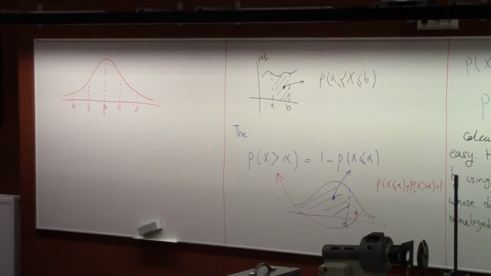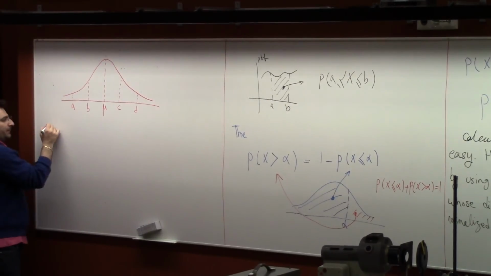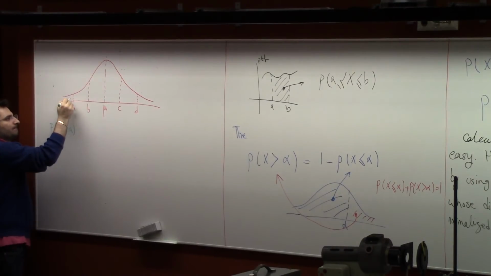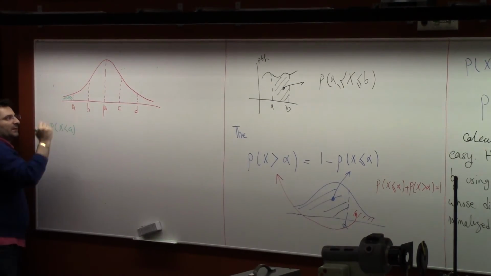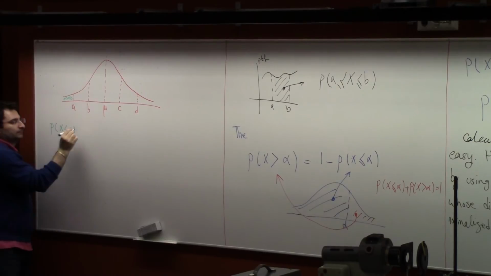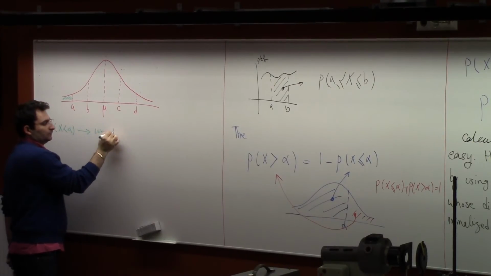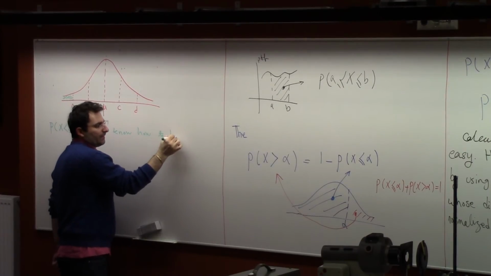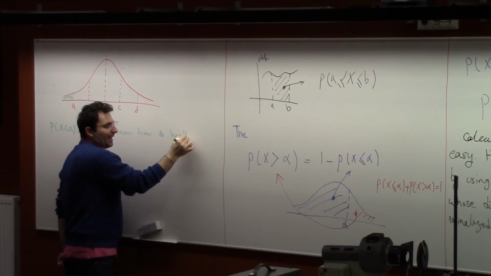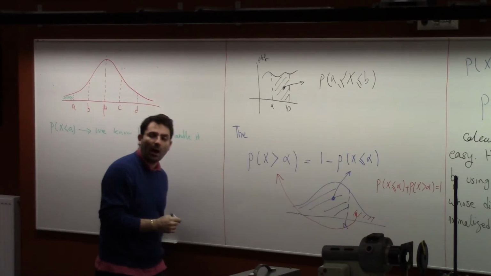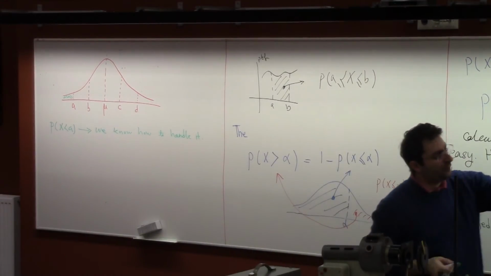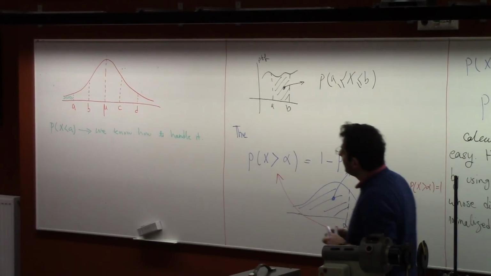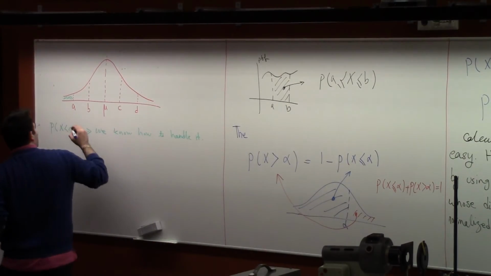Now, probability of x less than a, this area, we know how to handle it. How do we know how to handle it? We already did an example. Now, the question will be like this.